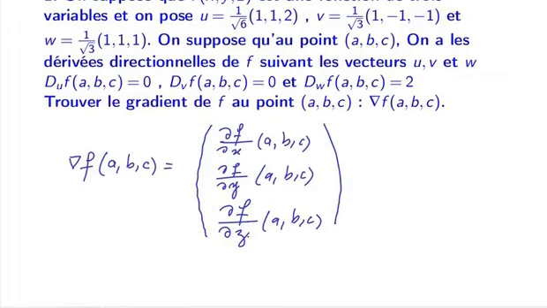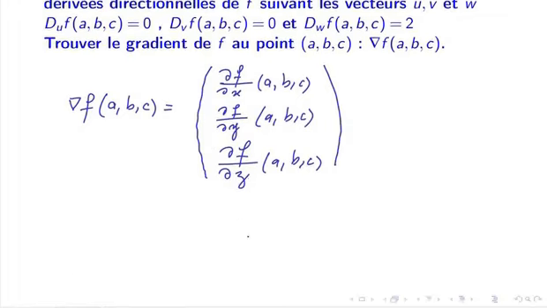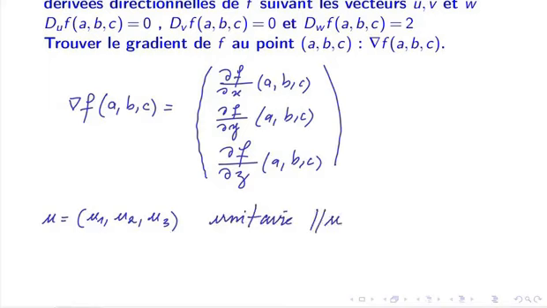So, what is the relationship between the gradient and the directional derivatives? Let's take a vector u equal to (u1, u2, u3), a unit vector. Thus, the norm of u is equal to 1.